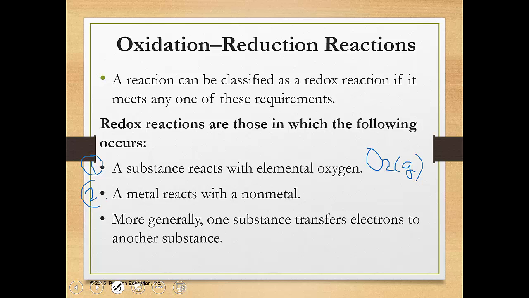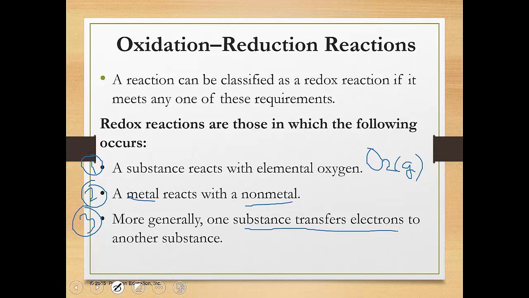Look for a metal reacting with a nonmetal. Okay, so metal-nonmetal interactions. Again, just like we've been looking at what sort of ions do metals form and do nonmetals form, one gains electrons, one loses electrons. That's exactly what we're talking about, oxidation reaction, metal and nonmetal together. And then just more generally, if one substance is transferring electrons to the other.